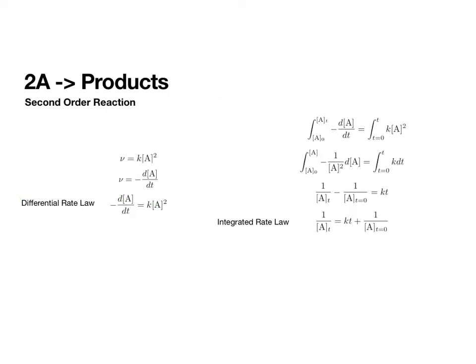If I have what's known as a second order elementary reaction, where 2A would react to form products, I can undergo the same derivation process. The first thing I do is set up the differential rate law, where I set the change in the concentration with respect to t equal to the rate law from the elementary reaction. Then I integrate both sides.